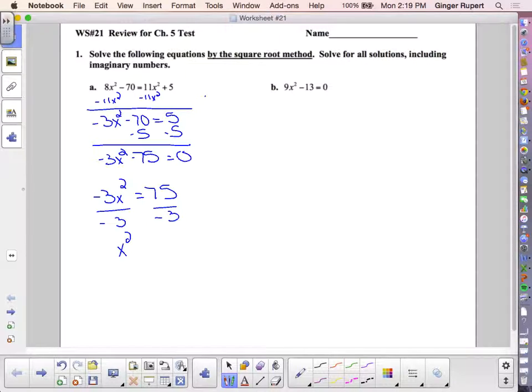So x squared is equal to negative 25. And then x is equal to plus or minus the square root of negative 25. So x is equal to plus or minus 5i.